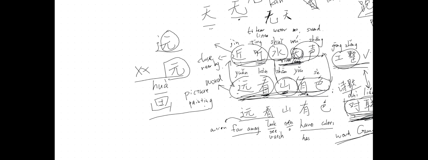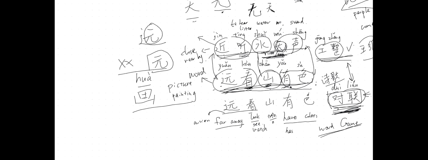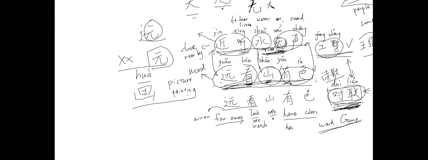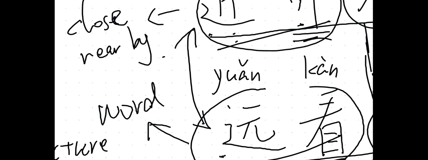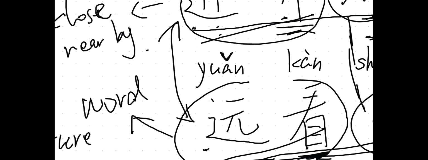And the sign which is written before it, is it because of the pronunciation? Which one? This? In the word yuan, which means far away. That's yuan, what you just wrote. Yuan is the second tone.